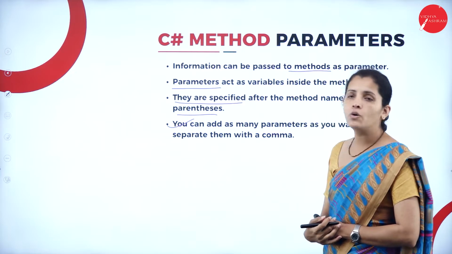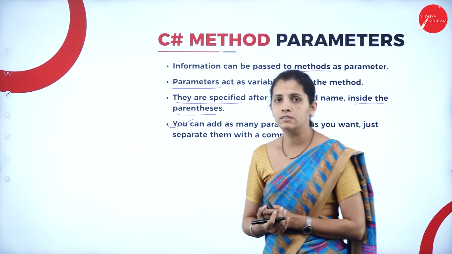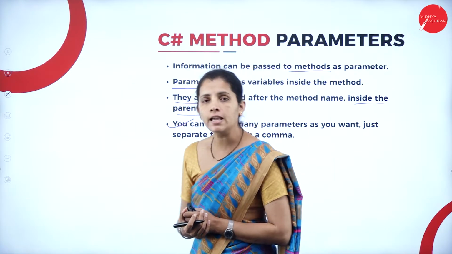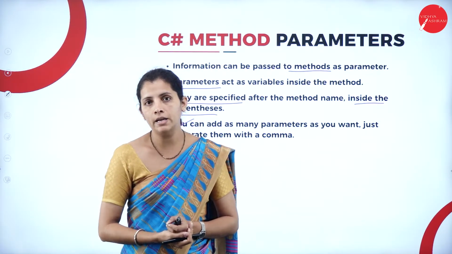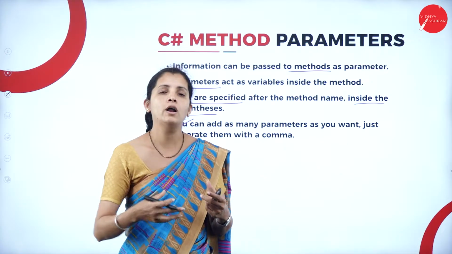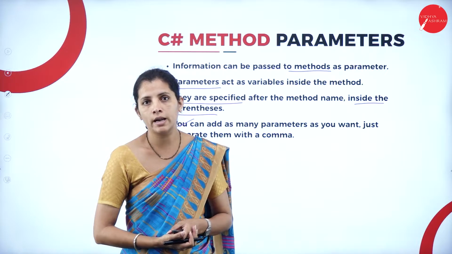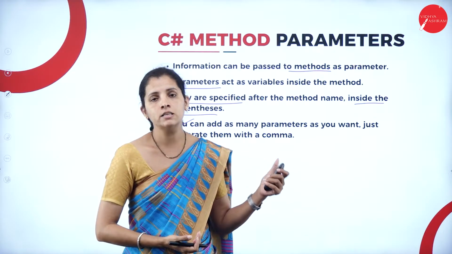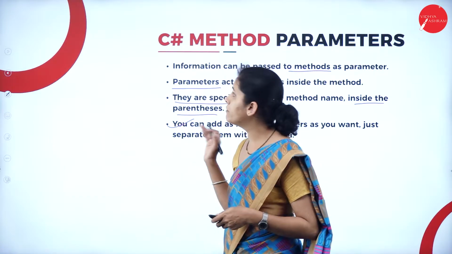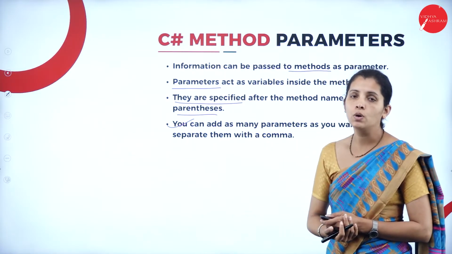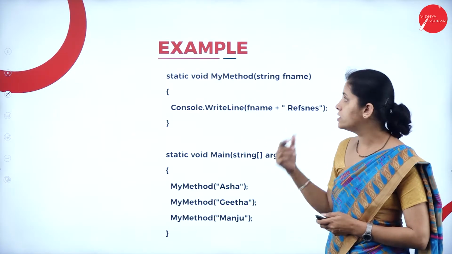You can also add n number of parameters. That means a function can have one parameter, two parameters, five parameters, or n number of parameters. This is the way I can write the parameters in my function.